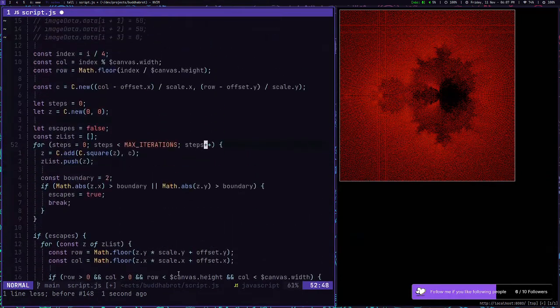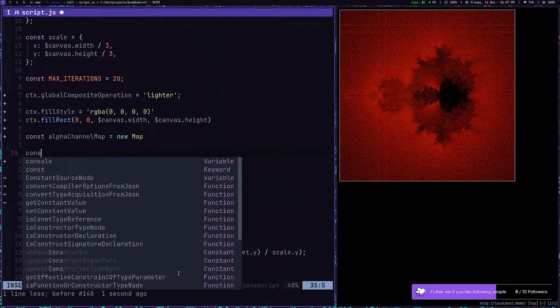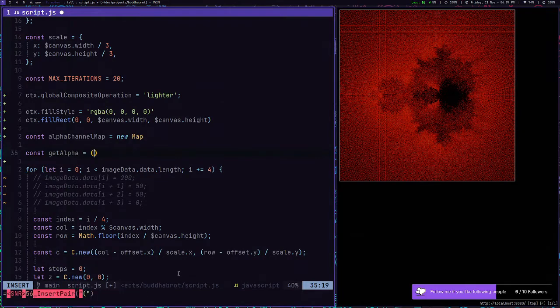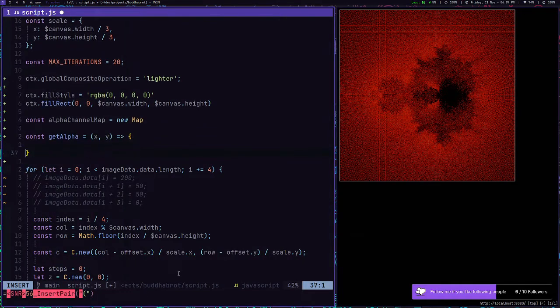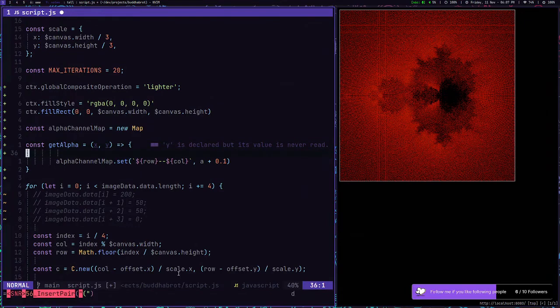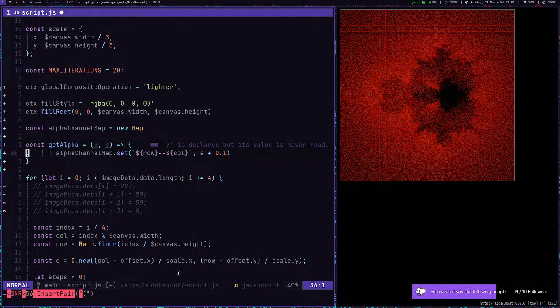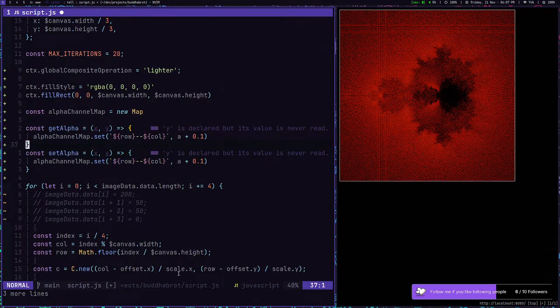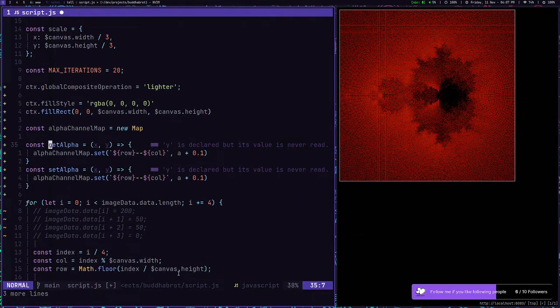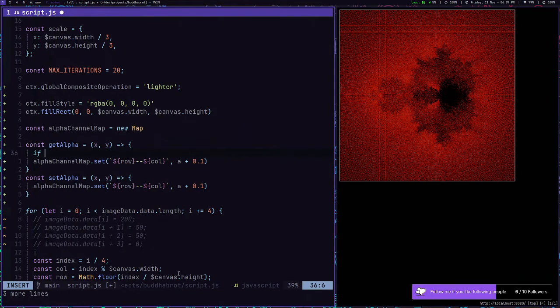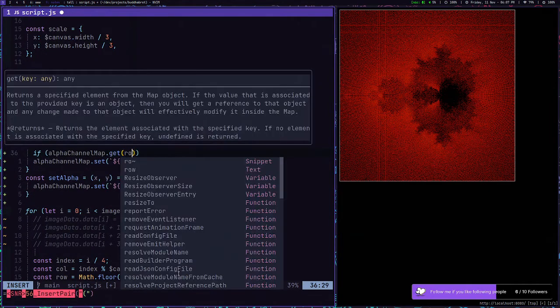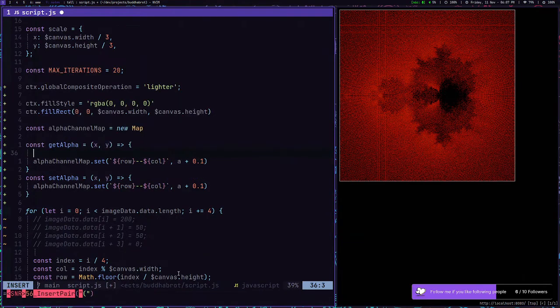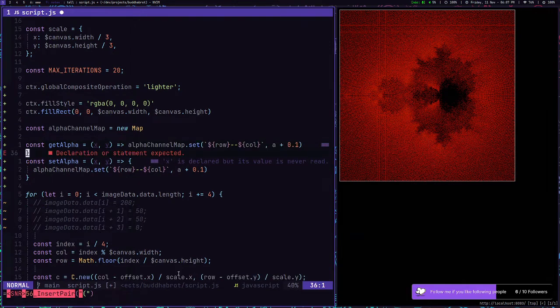We'll have to create a new function for this. Let's do getAlpha(x, y), and we get that information from here, and we also have another function, setAlpha. So getAlpha would first check, let's just do return, what am I doing?